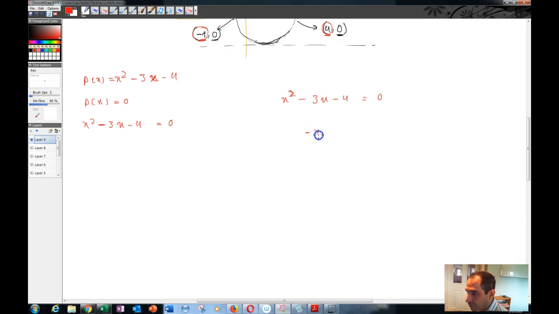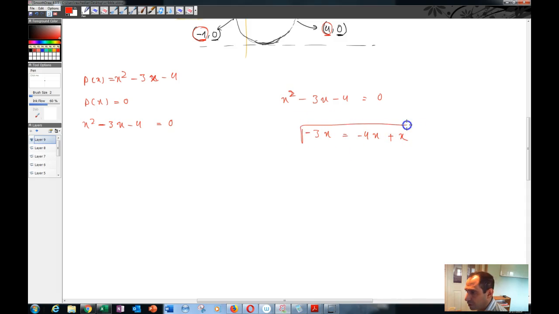For example, negative 3x, you can write it as negative 4x plus x. So negative 4x plus x is equal to negative 3x.